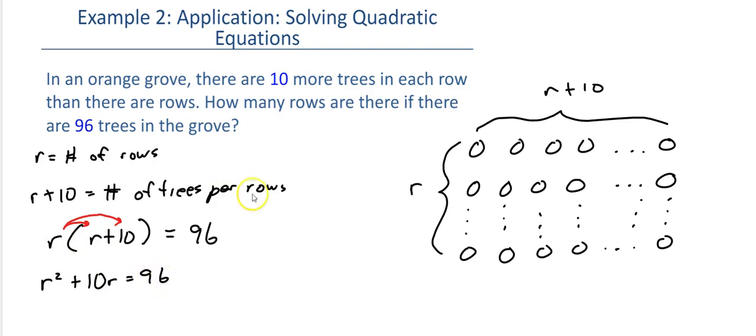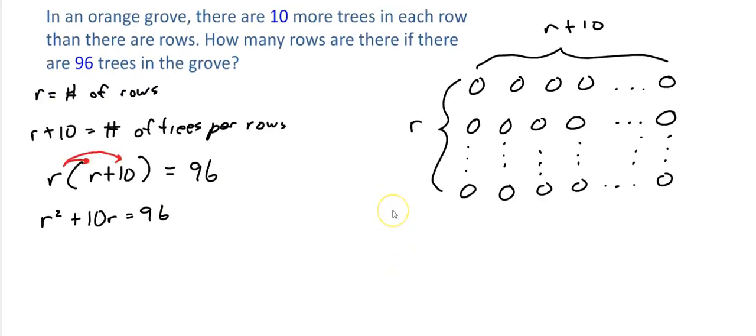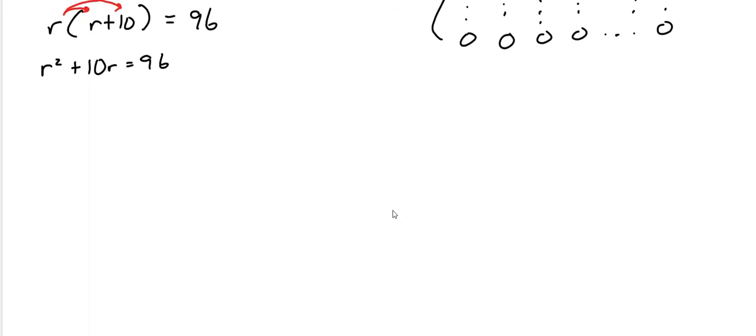We're getting closer, but this is not in the proper form. Let me scroll down a little bit. To do that, let's subtract 96 off both sides, and then rewrite the equation as R squared plus 10R minus 96. Now we have something we can factor.